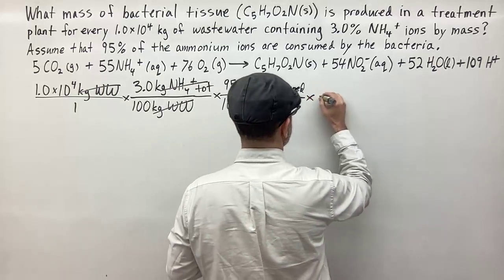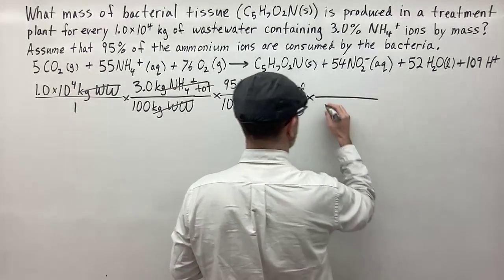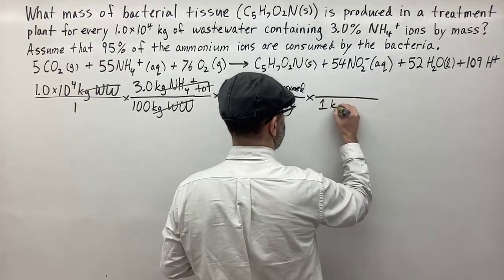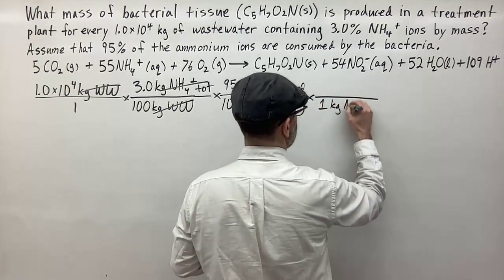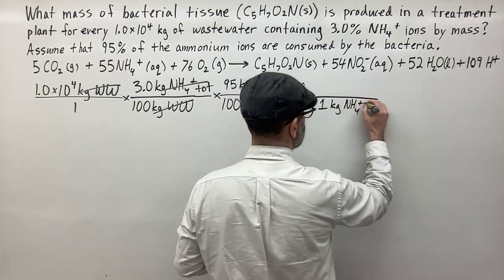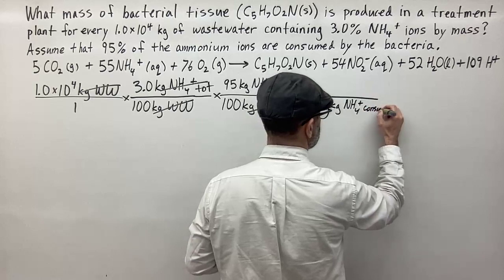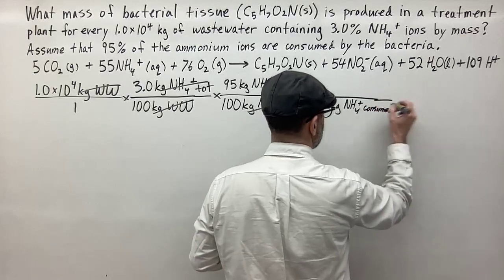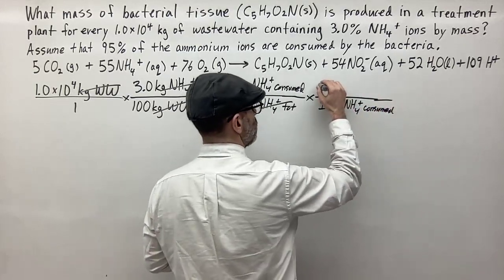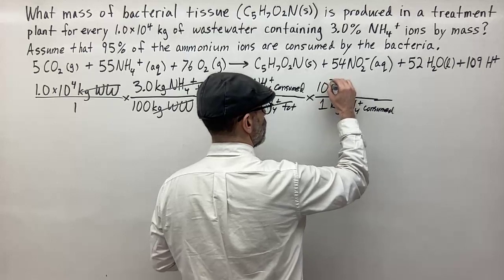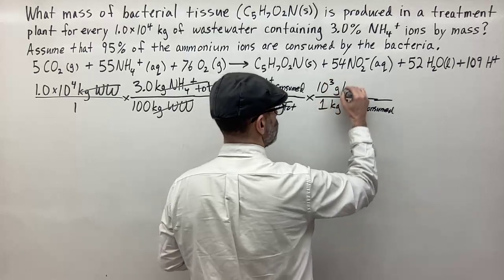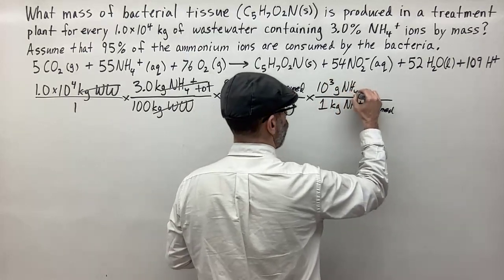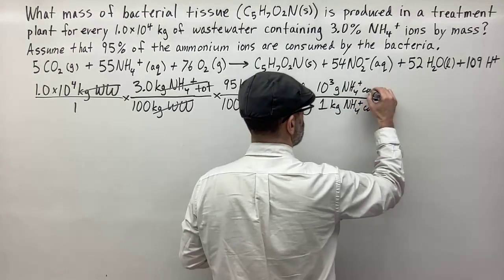So we're going to convert this to grams. So 1 kilogram of the NH4 plus that's consumed is on the bottom. And that's going to be equal to 1,000, or 10 to the 3 grams of NH4 plus consumed.